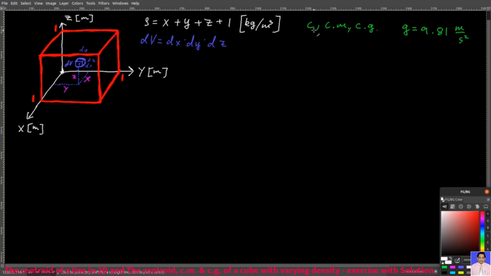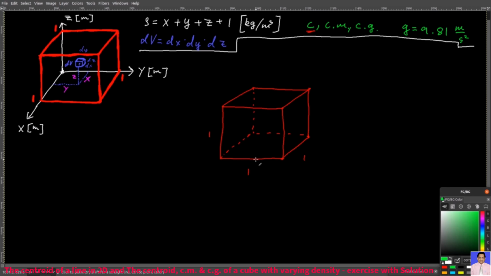Let's now find the centroid, the cm, and the cg for this cube. First of all, even though the density of the cube varies, remember, centroid is a geometric center. So the centroid of the cube is very easy to find. It's at x equals 0.5 meters, y equals 0.5 meters, and z equals 0.5 meters.